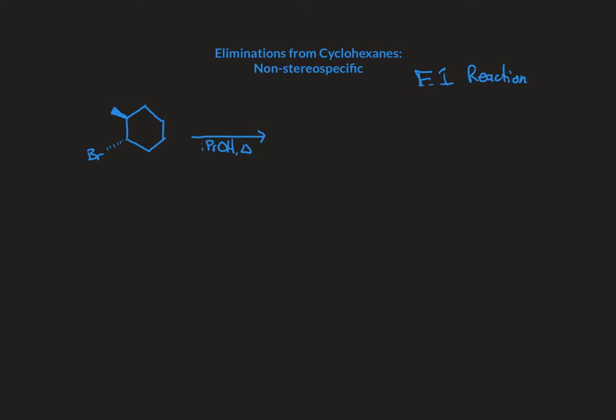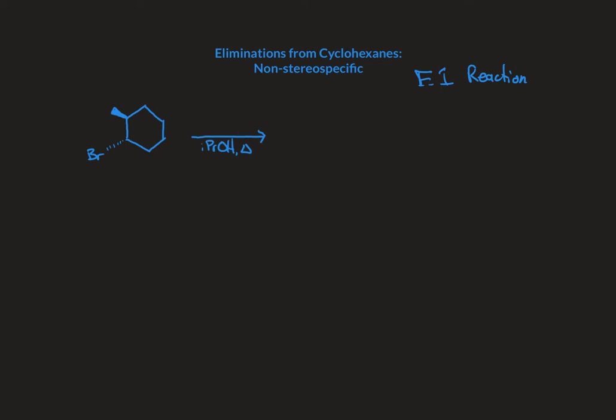Well, isopropanol isn't a great nucleophile. It's a little bit bulky. It's a protic solvent, so I know it's going to go through a carbocation, that's E1 or SN1. And the heat, or the delta symbol here, is telling me that it's going to favor elimination. And so I expect this to be an E1 reaction.